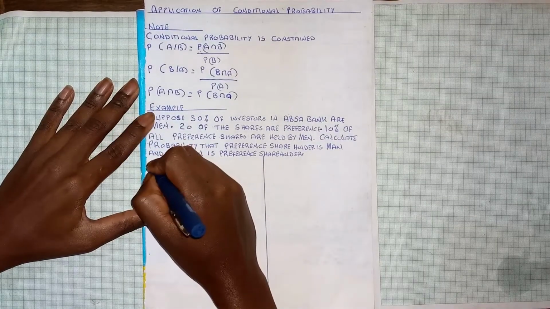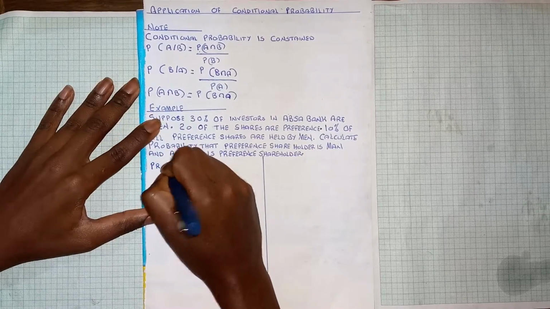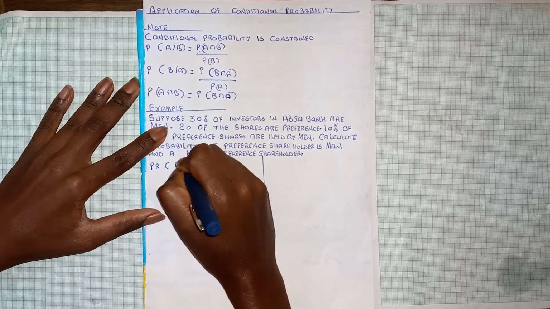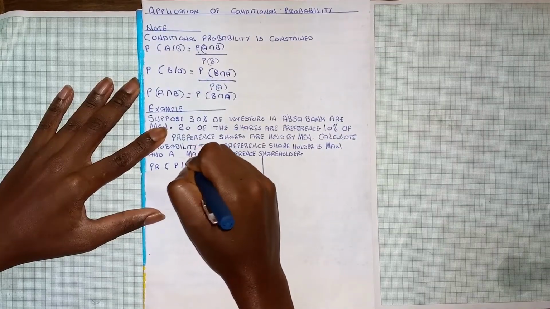So, the first one, we have been told to calculate the probability that a preference shareholder is a man.